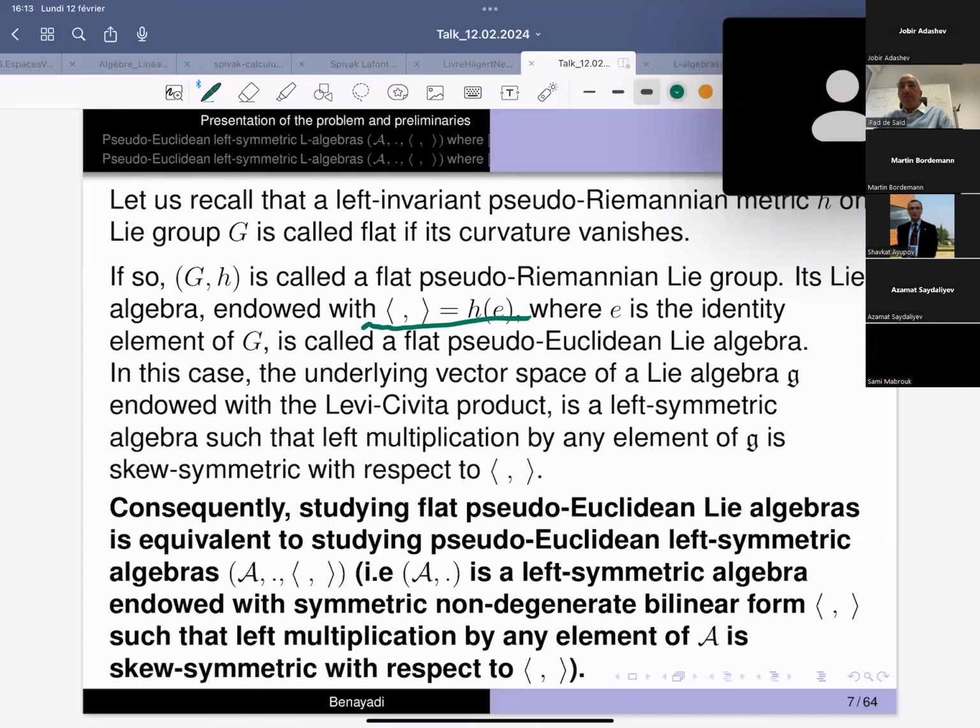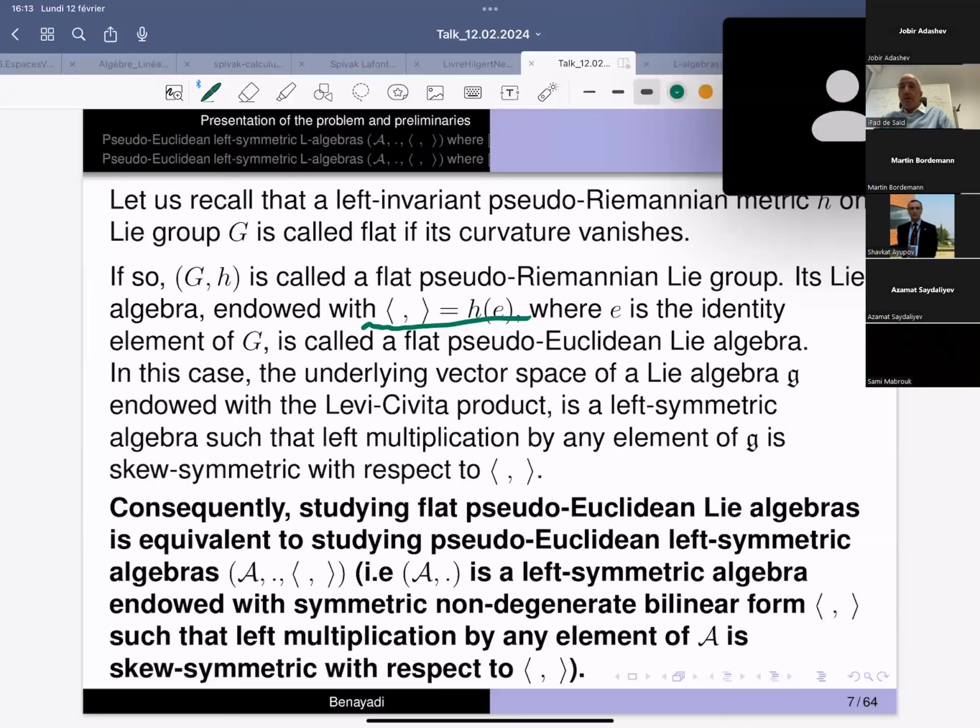And in this case, on the underlying vector space of G, we have a left-symmetric structure defined by the Levi-Civita product.